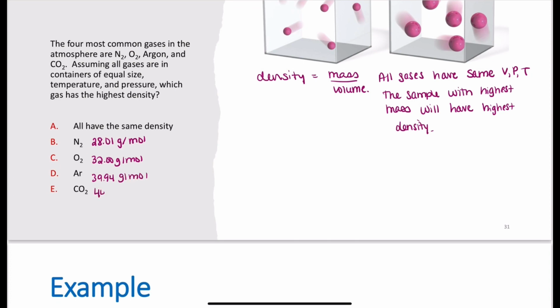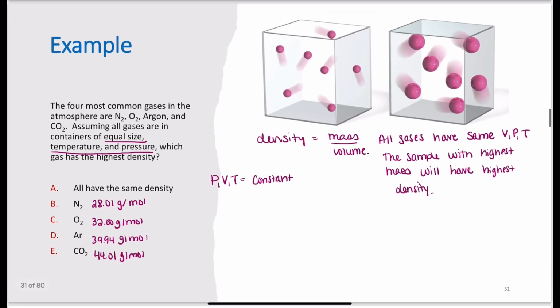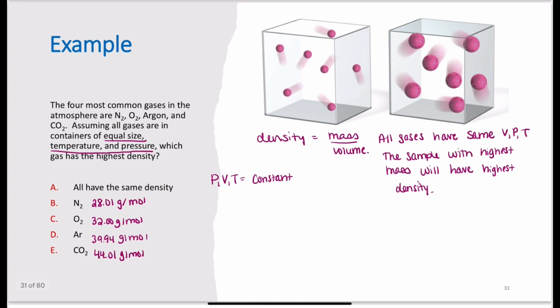And CO2, 44.01 grams per mole. Because they all have the same temperature, pressure, and volume, we can assume it's just going by mass. CO2 will have the highest density.